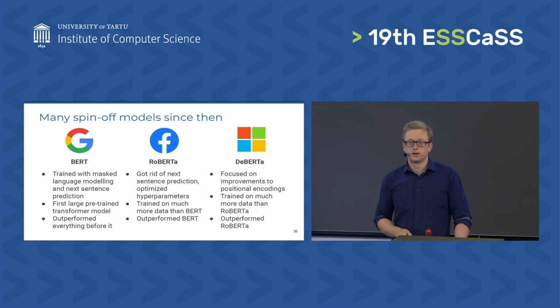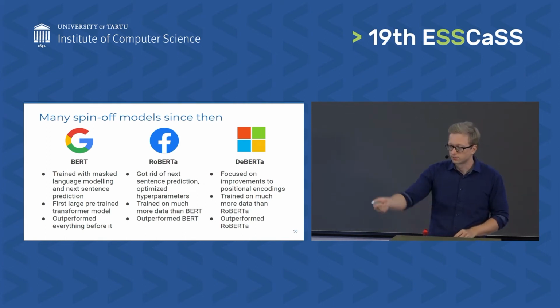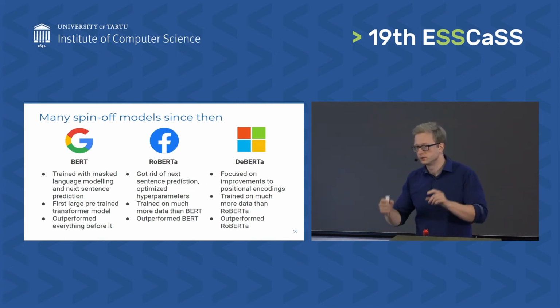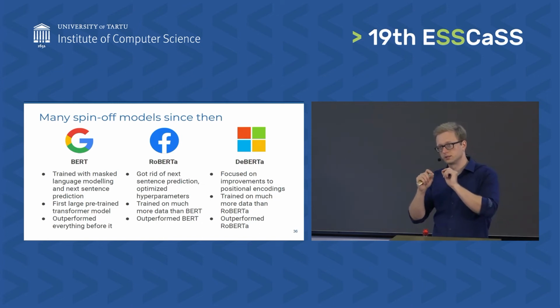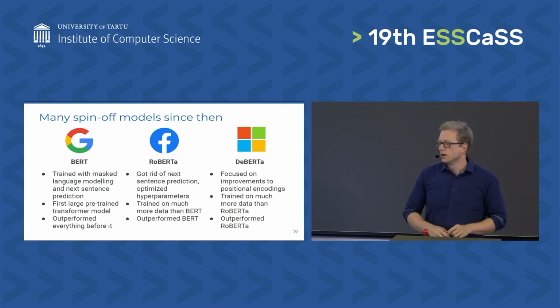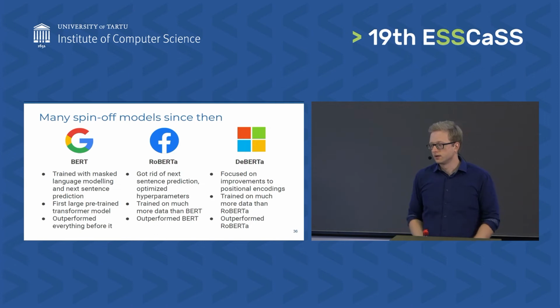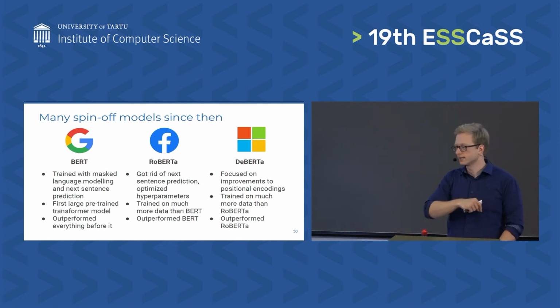Since BERT, there have been many spin-offs, many extensions, many improvements. So BERT was the original pre-trained transformer language model. After that, fairly soon, Facebook released Roberta. So Roberta got rid of the next sentence prediction objective. It optimized some of the hyperparameters.